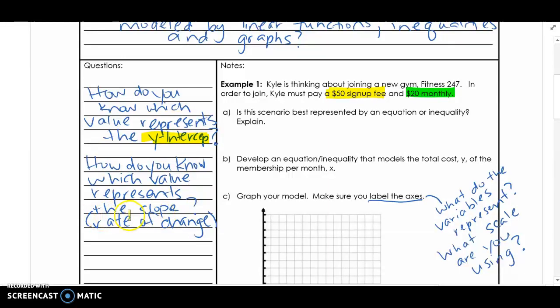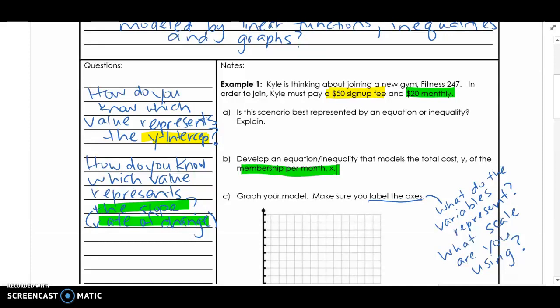How do you know which value represents the slope or rate of change? The slope or the rate of change is how much he's paying per month. So some amount of time represents the month. X represents the number of months. And he's paying $20 for each of those.